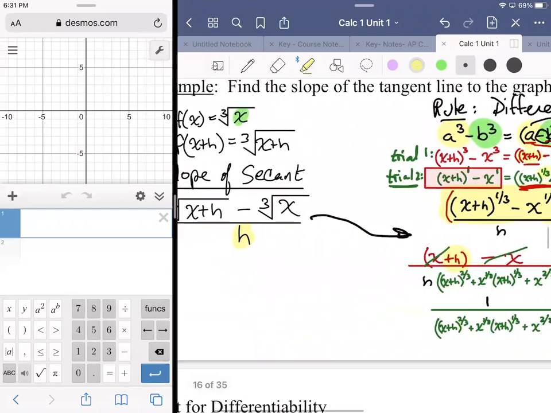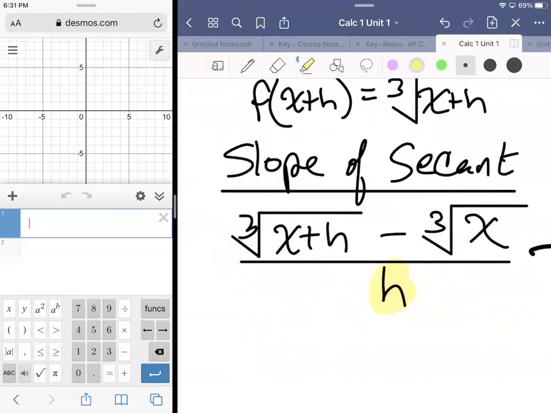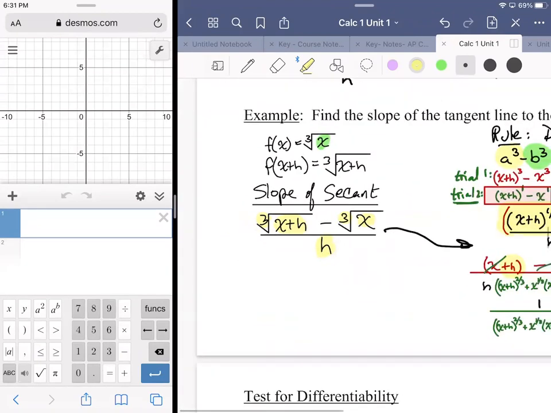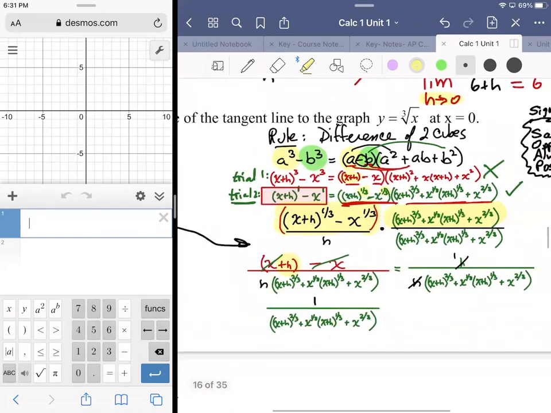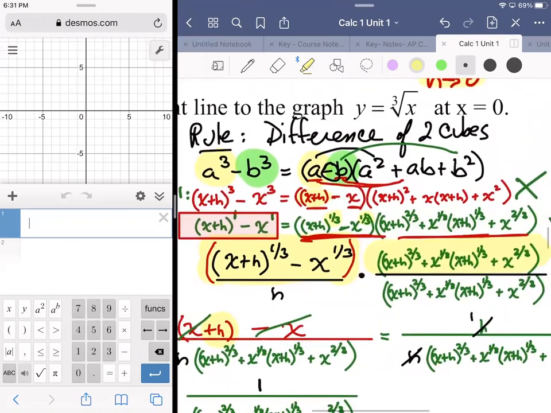And since our slope of the secant had an (x plus h) to the 1/3 minus an x to the 1/3, once I realized that that's the missing ingredient, all I would have to do is multiply my numerator from the secant by this whole expression here, and we would end up with this one. That was the recipe for getting the process taken care of.